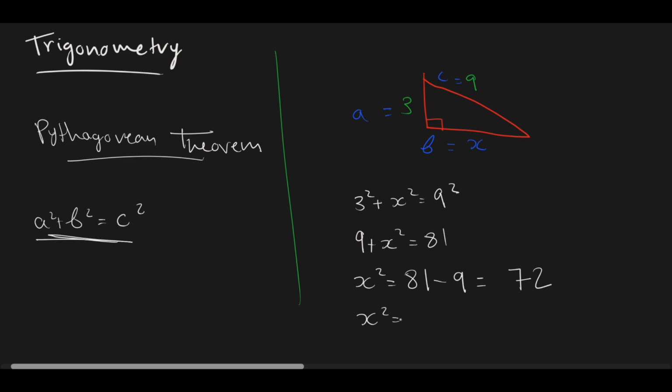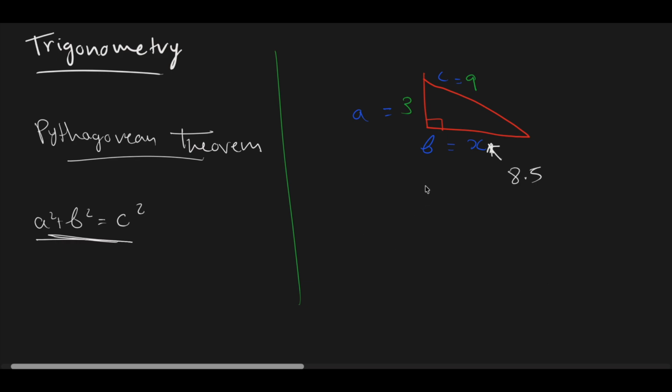So X is equal to the square root of 72, and we can calculate it using the calculator. The square root of 72 is equal to 8.5 approximately. And using this, we have calculated X. So this X here is equal to 8.5.